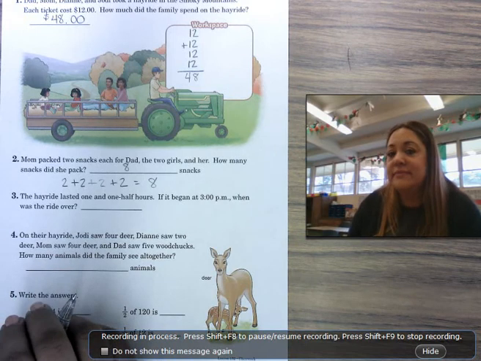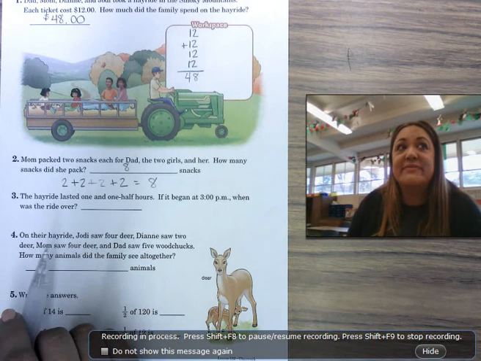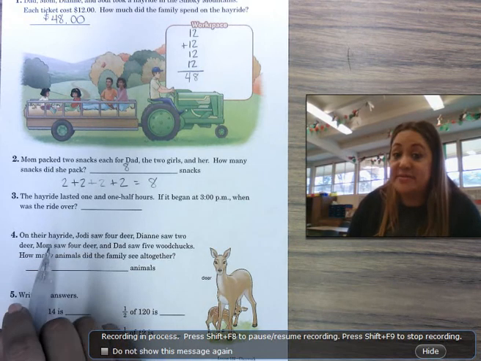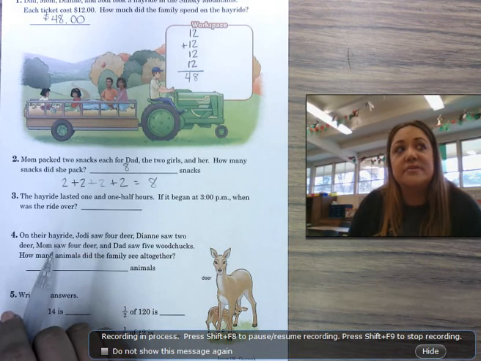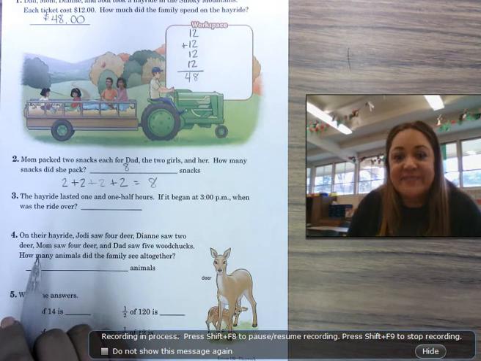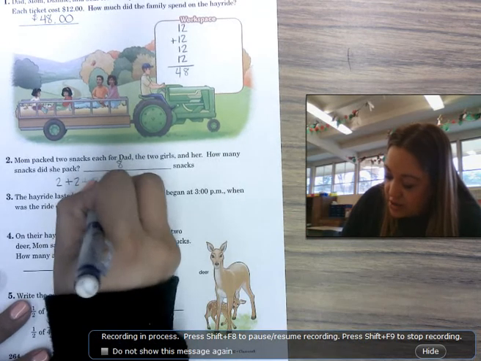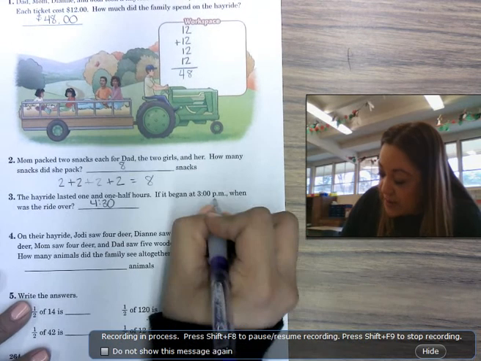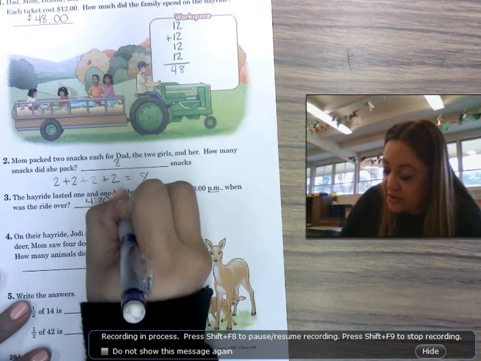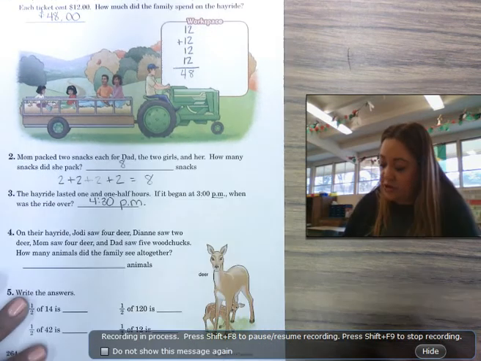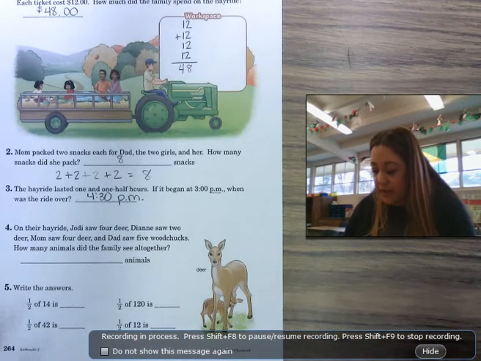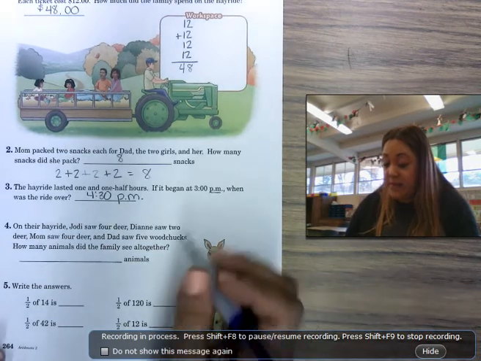And then we have to add just a half hour, which is 30 minutes. So 4:30. Yes, you're right. Smarter than the average bear. Okay, 4:30. And I'm going to copy the PM because I know it's still in the afternoon. 4:30 p.m. Okay, so I'm going to have you do number 4 on your own.